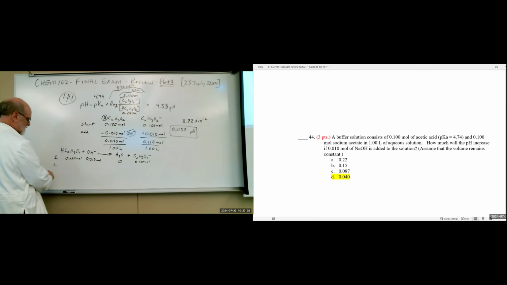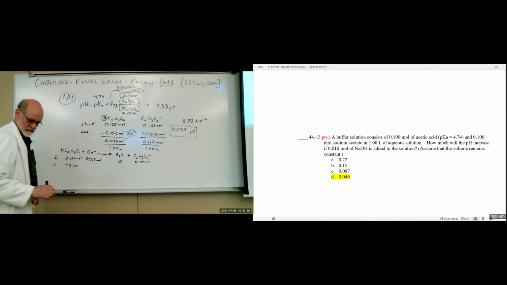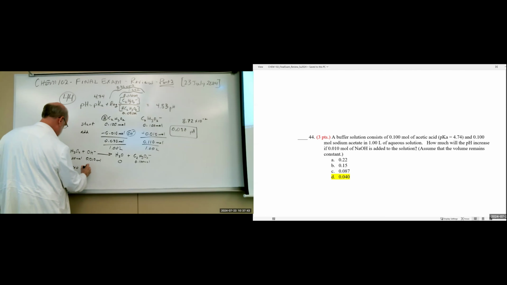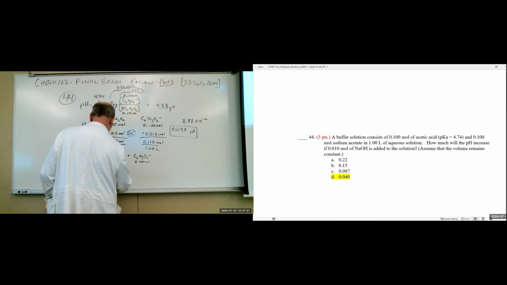And the change, this is going to react with that. We're going to subtract that much here. Oops, wrong number. Minus 0.010, minus 0.00. And we're going to add it over here, 0.010.